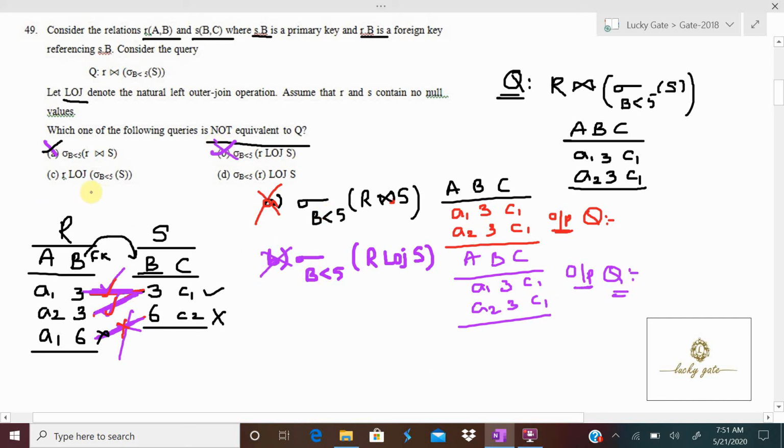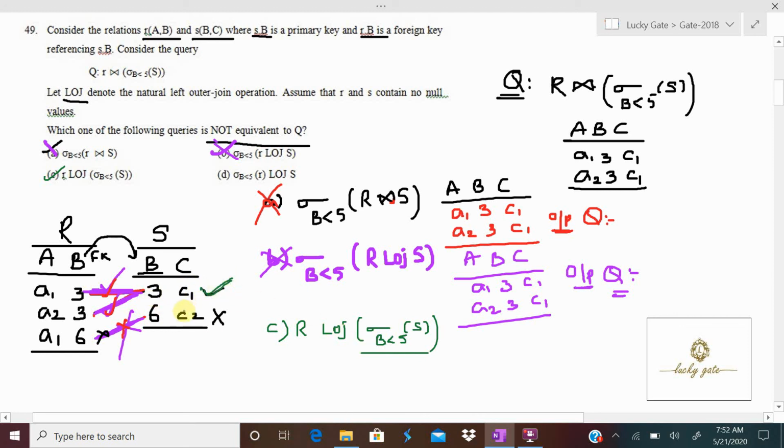Next we continue with option C. In option C, what is the query given? R left outer join sigma B less than 5 of S. Now first, what is it executing? B less than 5 of S is executing, meaning among the S tuples it is going to select only the tuple satisfying the condition B less than 5.